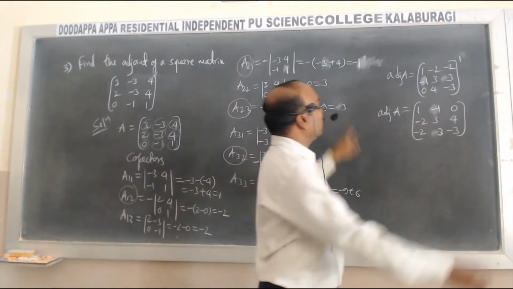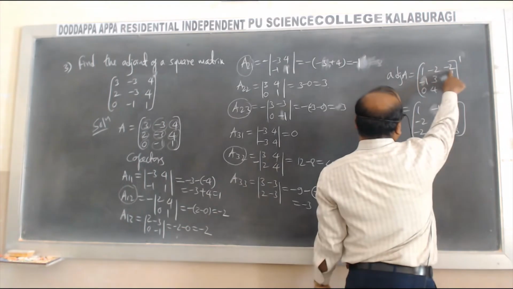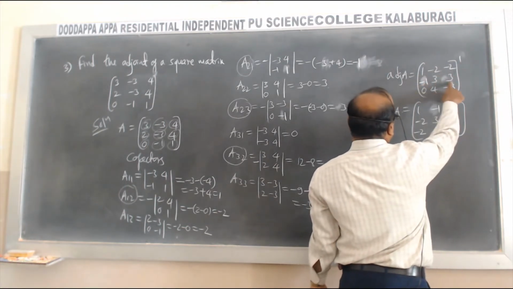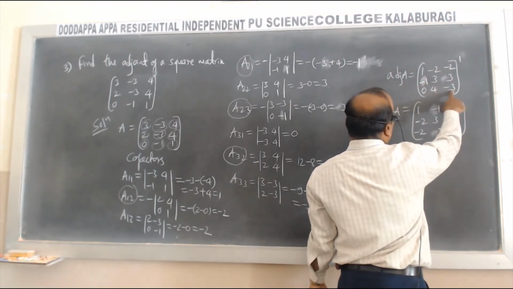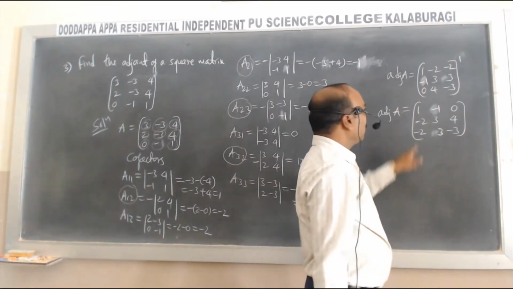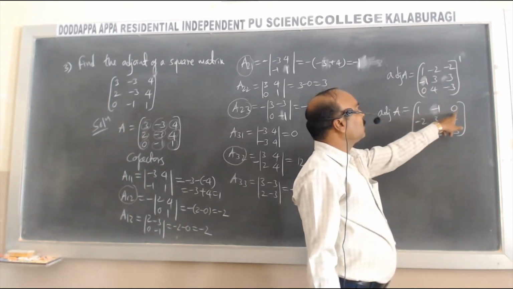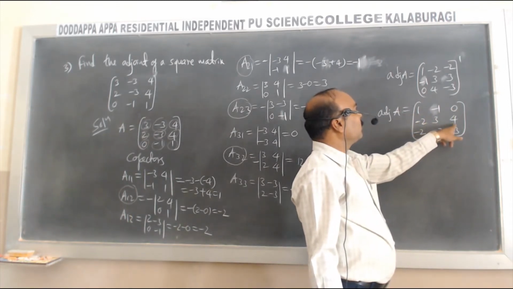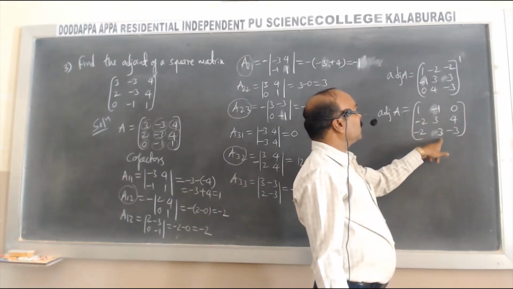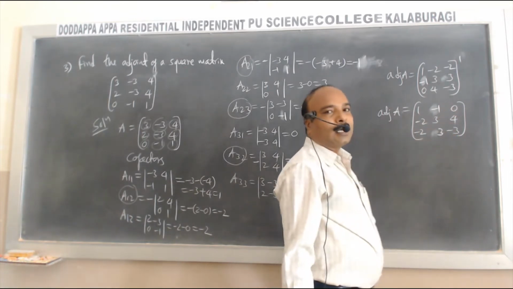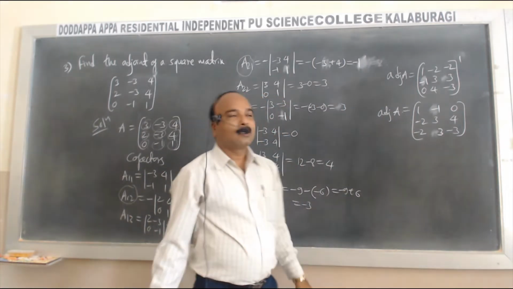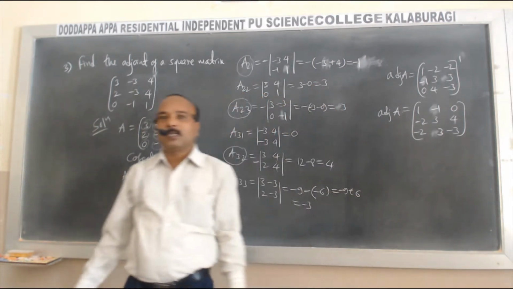Now your cofactor matrix changes to 1 minus 2 minus 2, 1 3 3, 0 4 minus 3. By transpose you get 1 minus 1 0, minus 2 3 4, minus 2 3 minus 3. It is the answer for your question. Make this correction and write that.